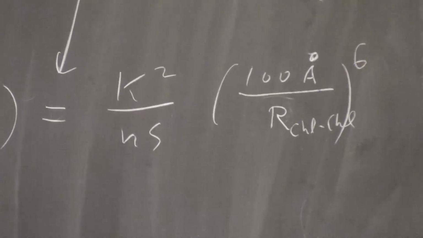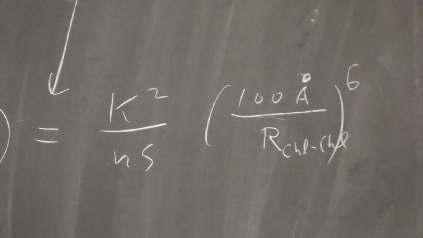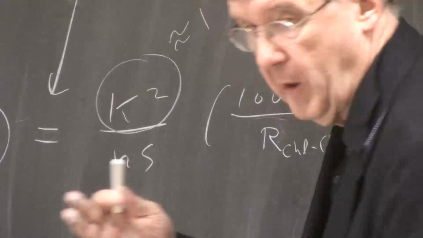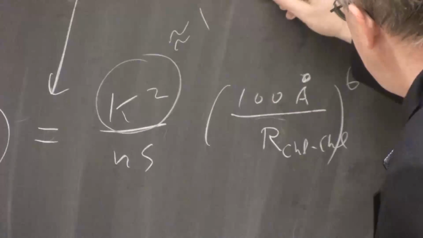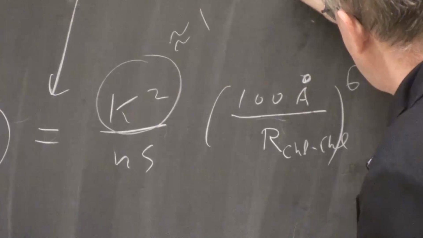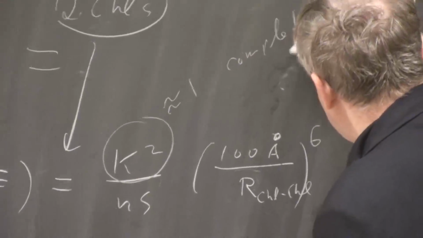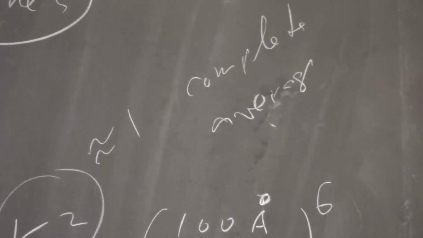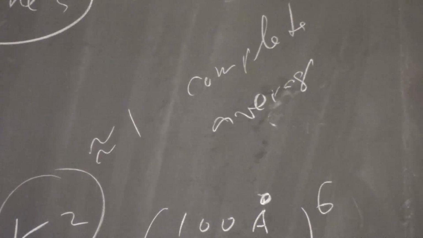And kappa squared, looks complicated, what can it be, but you find it usually a quantity pretty close to 1. I mean, order of magnitude, and actually if you have a complete average, so when every angle possible contributes the same amount, because the molecules are freely rotating the chlorophylls, then it is 2/3.